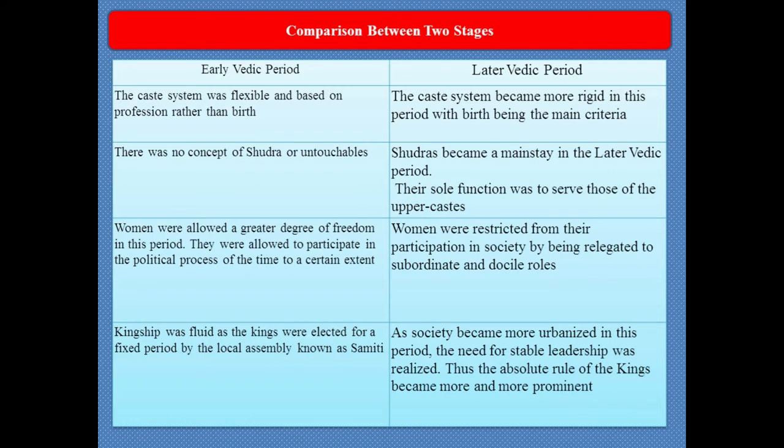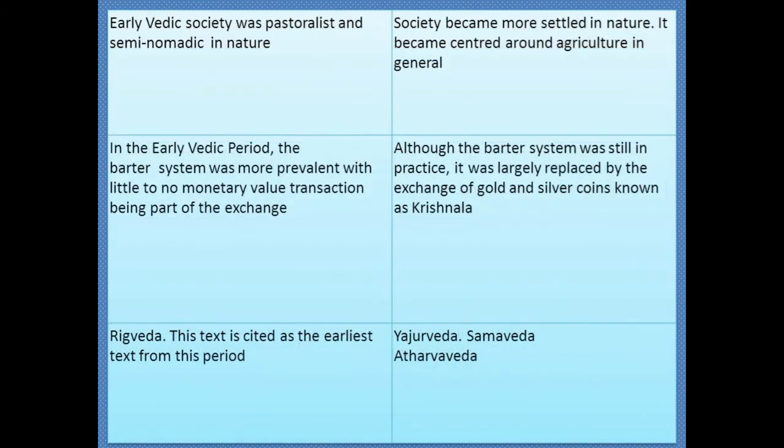At the same time, kingship and absolute monarchy also became criteria that could be seen in the later Vedic period. I hope I am reaching you so far. Vedic literature created an important impact on the people during later Vedic stages.